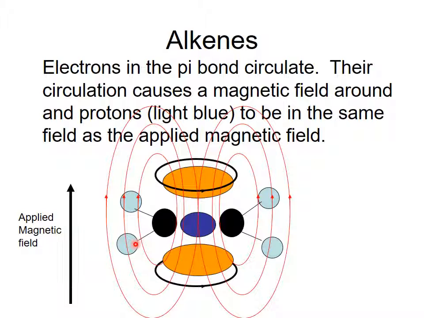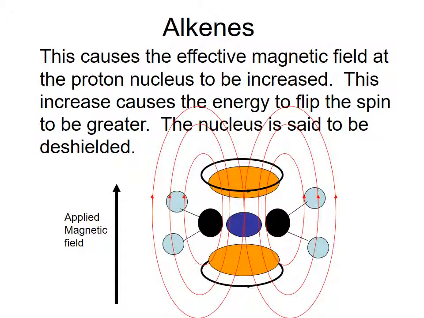And so it's like it's been deshielded, like the electrons have been pulled away, because the nuclei can feel the magnetic field as being stronger. So we say that alkenes deshield the protons.